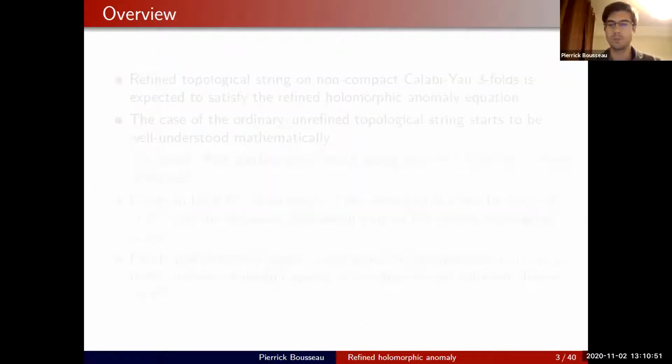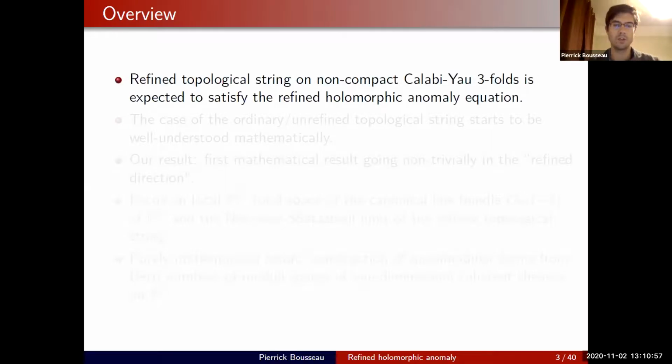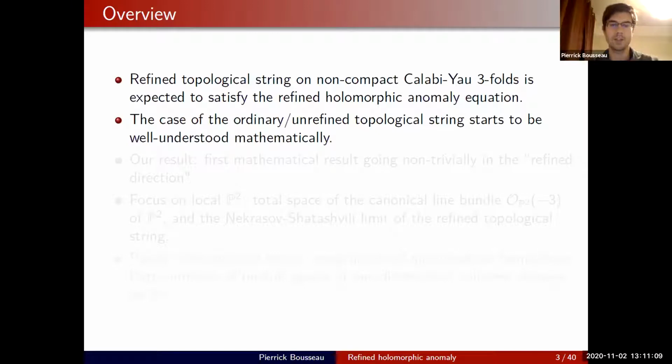Okay, so the general topic is refined topological strings on non-compact Calabi-Yau threefolds. It's a general physics expectation that the refined topological string is expected to satisfy the so-called refined holomorphic anomaly equation. As I will review in my talk, in the case of the ordinary unrefined topological string, this fact starts to be well understood mathematically.